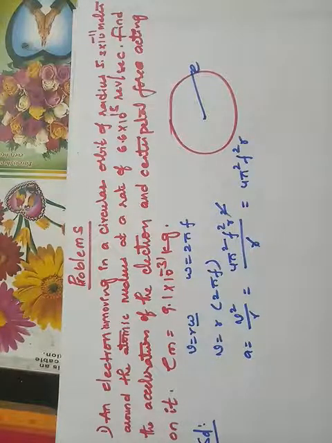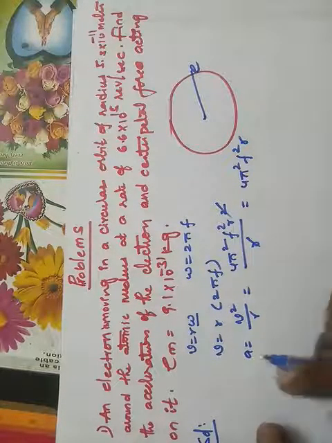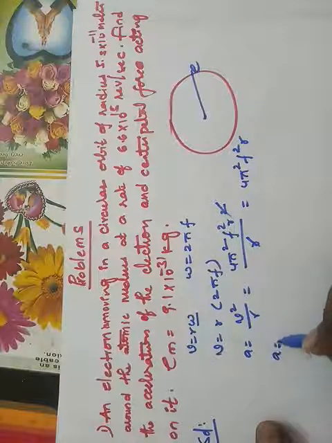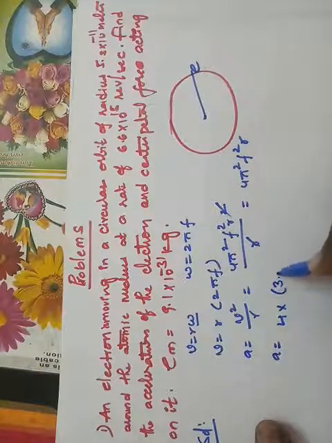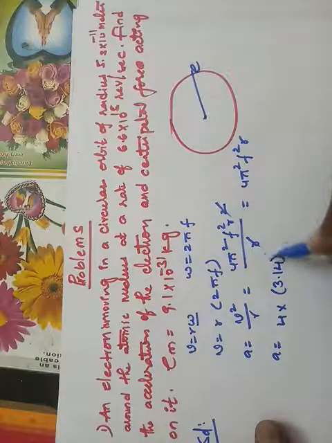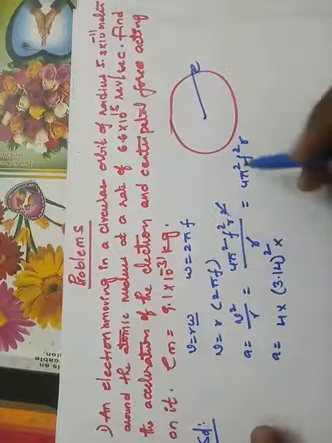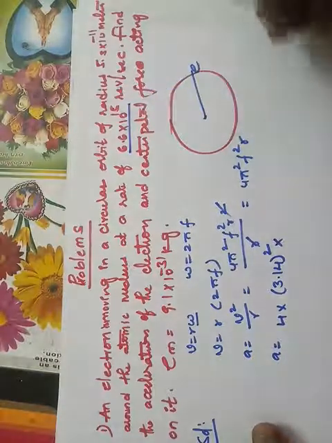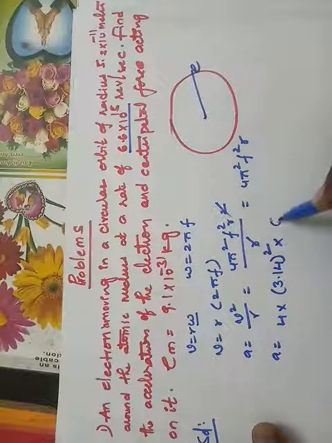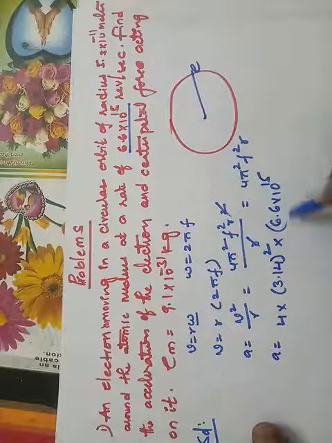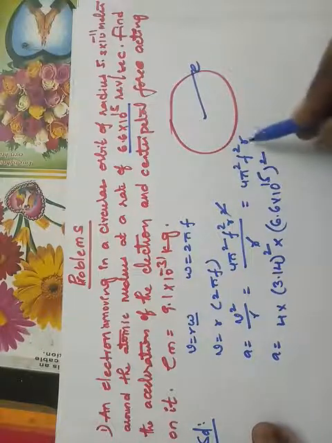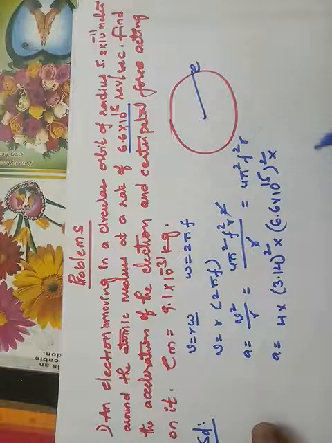Then substitute all the values in that equation. A is equal to 4 into 3.14 square into, and the f value is 6.6 into 10 to the power of 15 whole square, into the R value. What is the R value here?